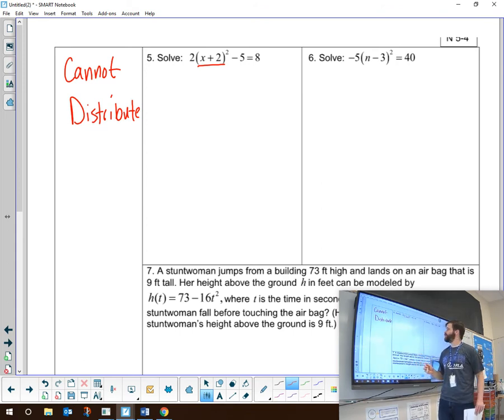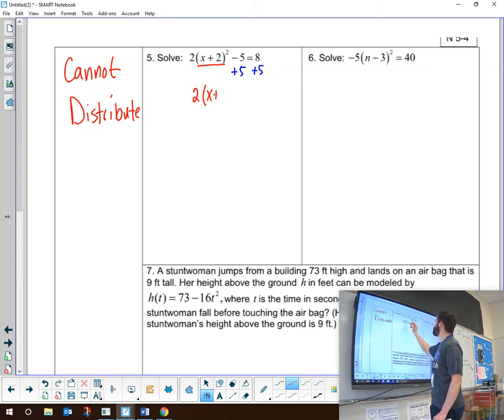We can't do it. Okay? So I'm going to have to get rid of that 2 by dividing it. So we're going to start off by adding 5 to both sides. That's going to give me 2 times x plus 2 squared equals 13. I'm going to divide both sides by 2.